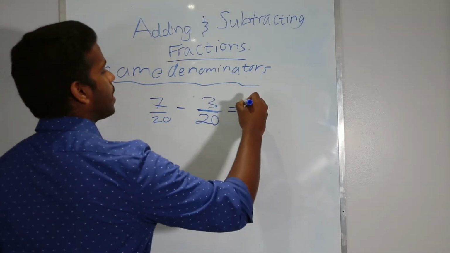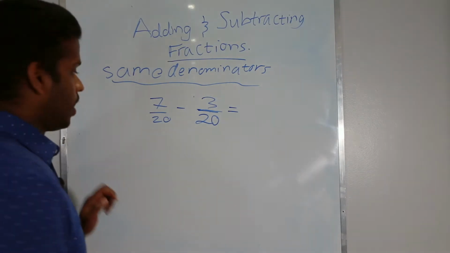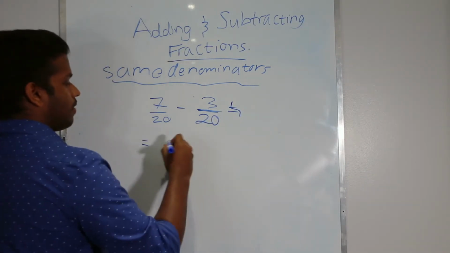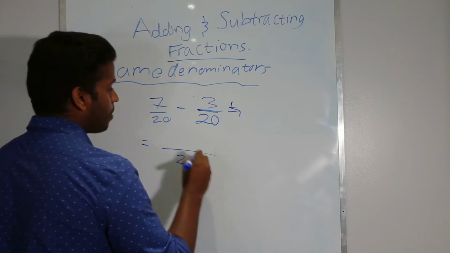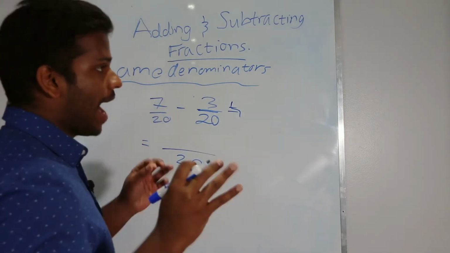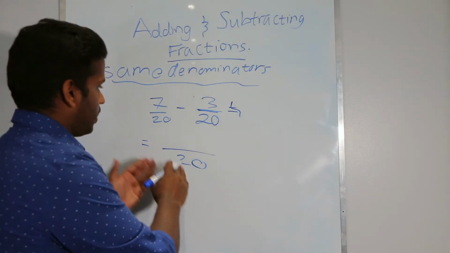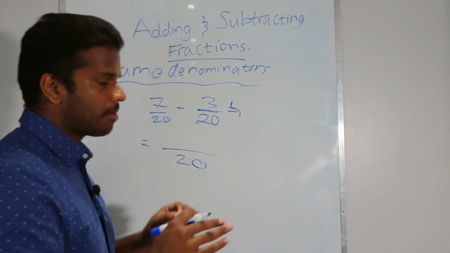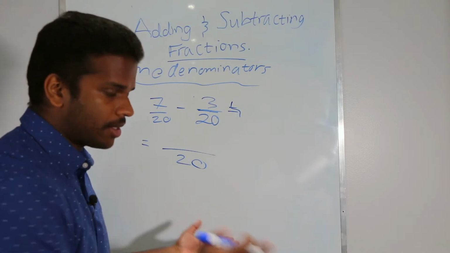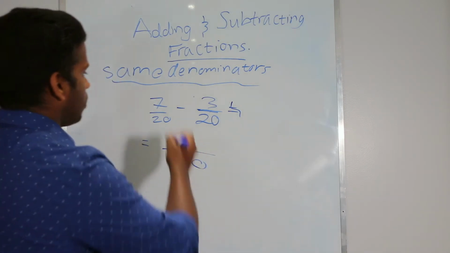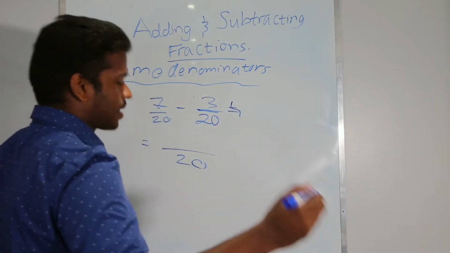When it's the same denominator, all we have to do is put one fraction bar. The denominator stays the same. When you're adding and subtracting fractions and they have the same denominator, we don't add the two denominators together. We only add the numerators, just to make that clear. So we add or subtract the numerators only.